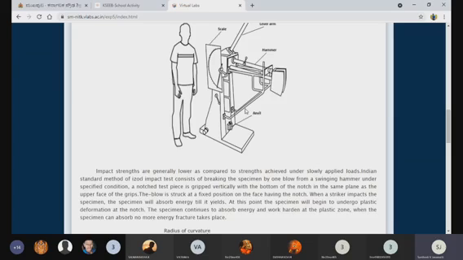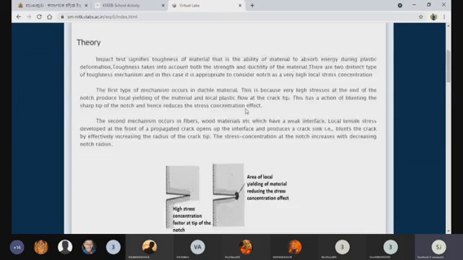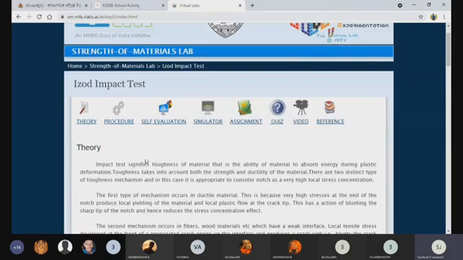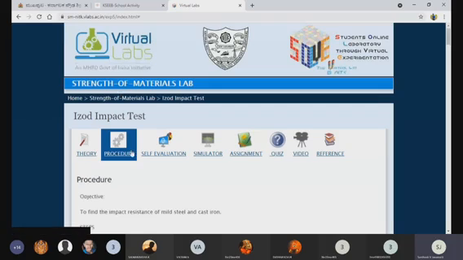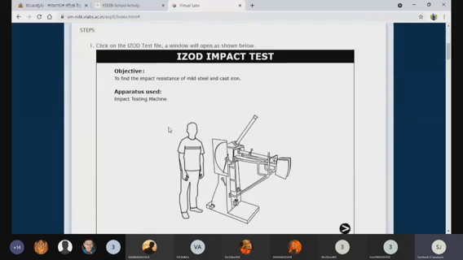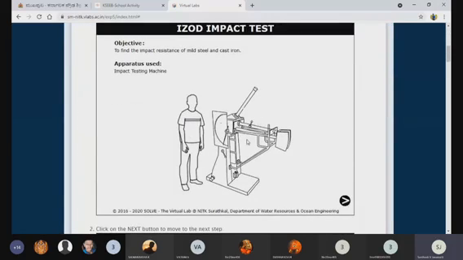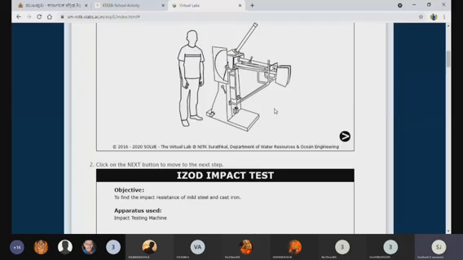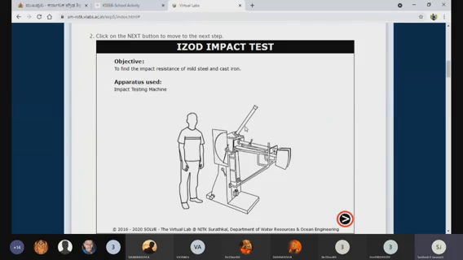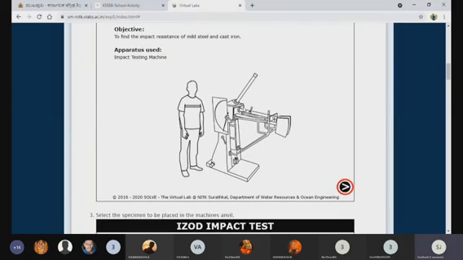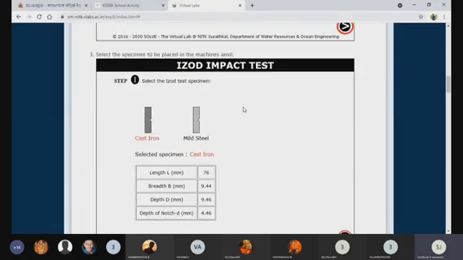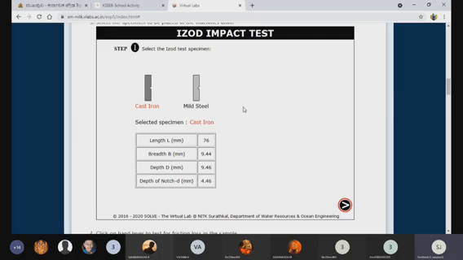Now let's move on to the procedure directly. Here we can see the machine. This is the first apparatus. Step one is to select the ISO test specimen.